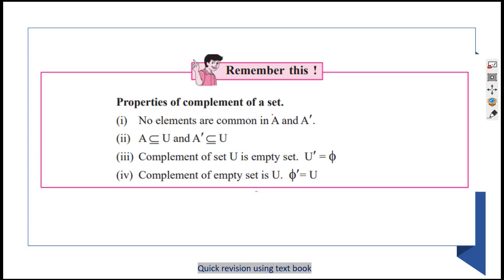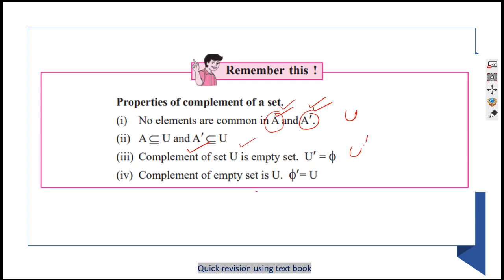So when there is a set A and its complement, A will be a set and A complement will be another set. Both together will make the universal set, as already told. That means both these sets, A and A dash, are subsets of the universal set. And the complement of the universal set U: does the universal set have any complement?